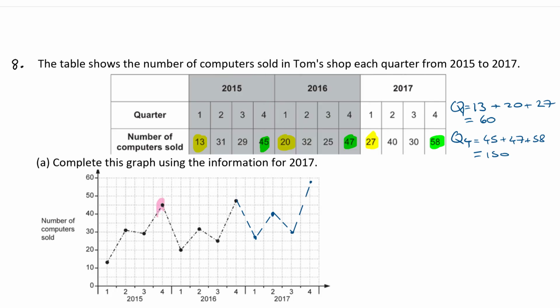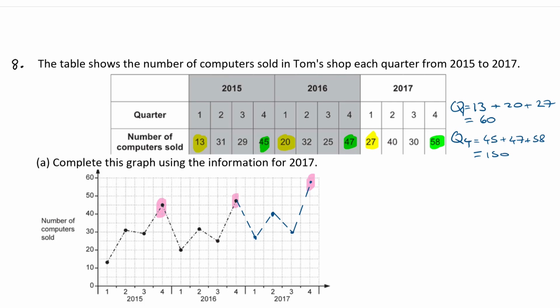So this point to this point to this point is going up. It's already at 58, and you can see from 45, it went from 45 to 47, and from 47 to 58. So there's a bigger jump from 2016 to 2017. But even if it's a small jump from 2015 to 16, an increase of 2, that's going to take him up to 60, isn't it?